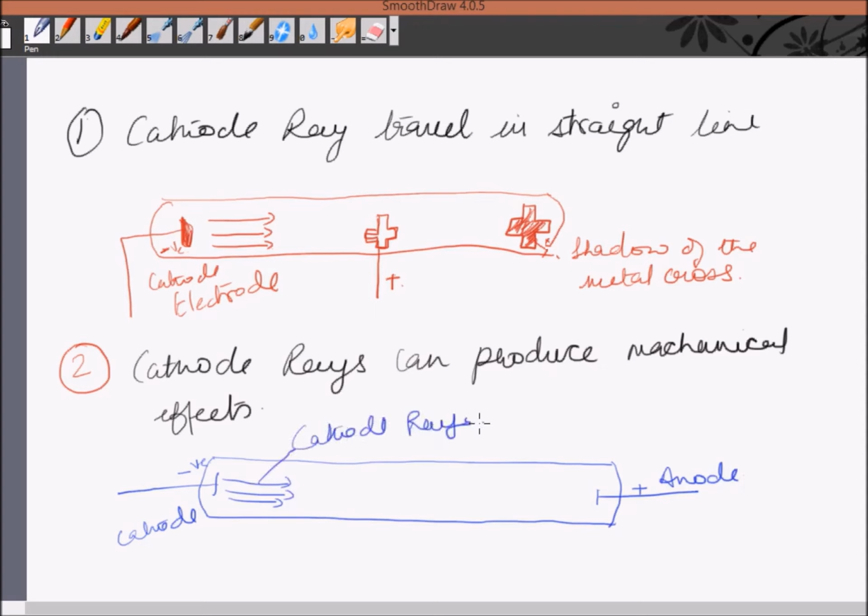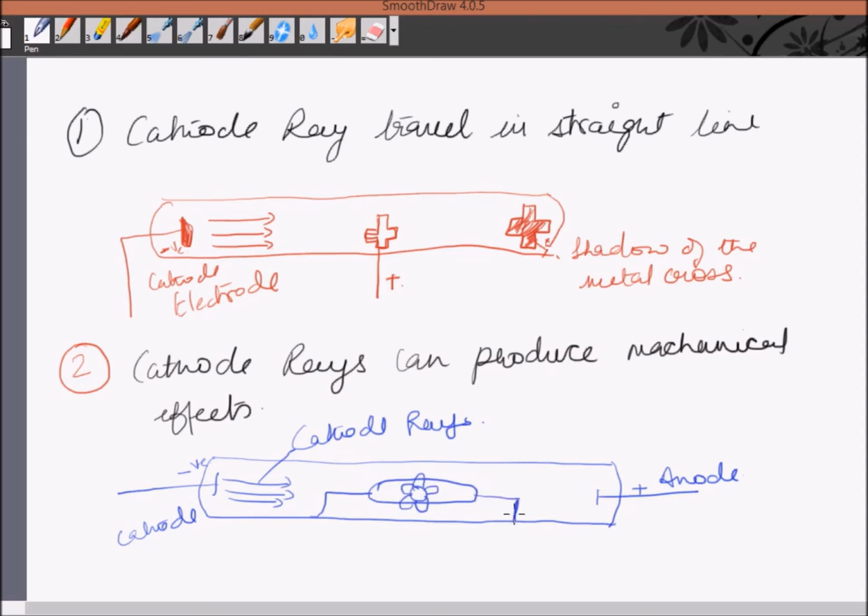Cathode rays. Now let's keep a wing just in the middle of the tube so that the wing's upper part is struck by the cathode rays, right?